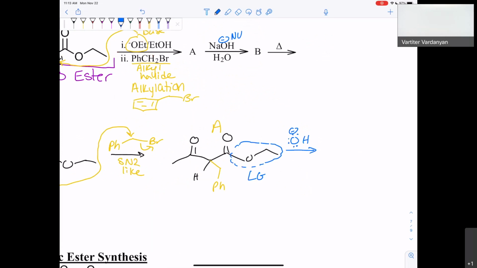Substitution. So we're replacing the OR group with OH. So we get, ta-da. And now we have reached intermediate B.